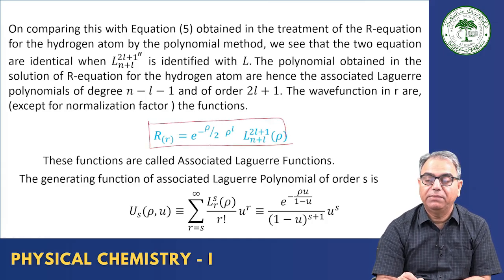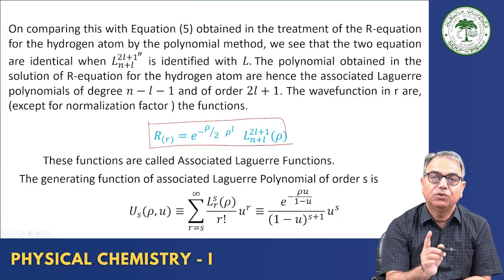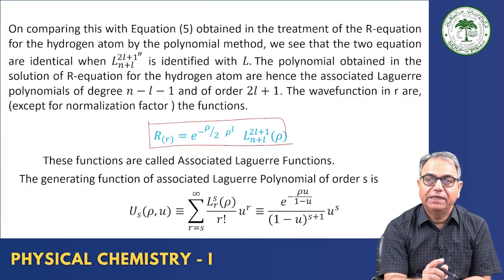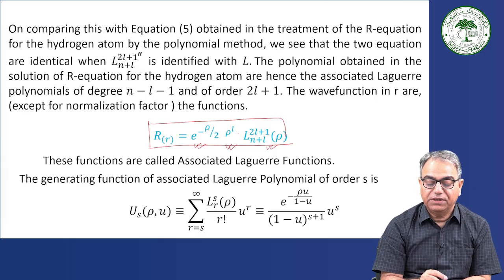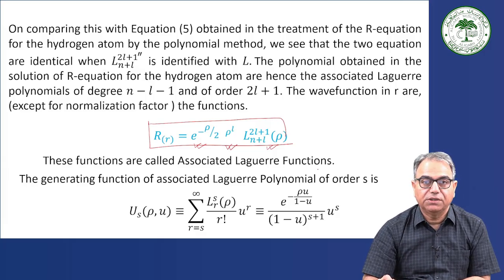Exponential minus ρ divided by 2 was the first term which you got while getting the asymptotic solution. So, I said any solution of the radial wave function will have this term. In addition to this, you have the associated Laguerre polynomial multiplied by a constant term, ρ raised to the power L. So, these functions are called associated Laguerre functions.